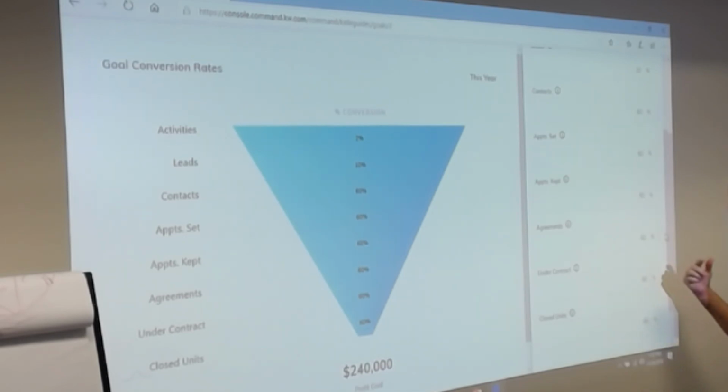So again, as you get better at this, the number should probably be higher than 60%, I would think, right? Right. And you should have a pretty good idea if you're really pre-qualifying them well, that they're really serious about wanting to buy or sell something.